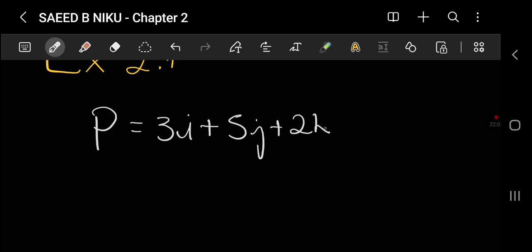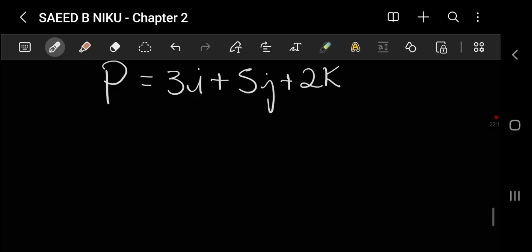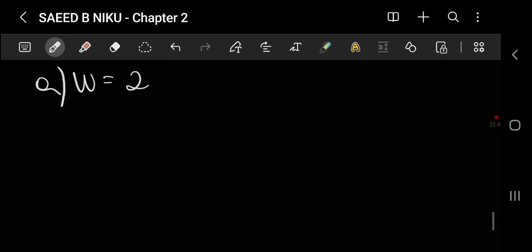Okay, so this exercise gives us a vector p, which is written as a combination of i, j, and k, and it asks us to express this vector in the form of a matrix, but on the letter B with a factor W equal to 2.